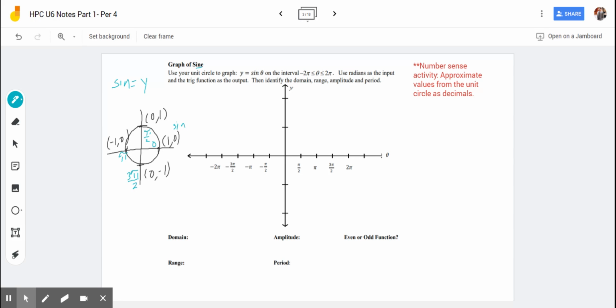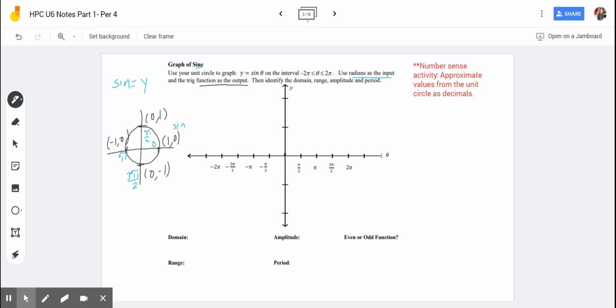So we're going to graph our values here, 0 at x equals 0. The input is radians, and the output is the trig function, so I'll put it in blue. Radians as the input, and the trig function as the output.